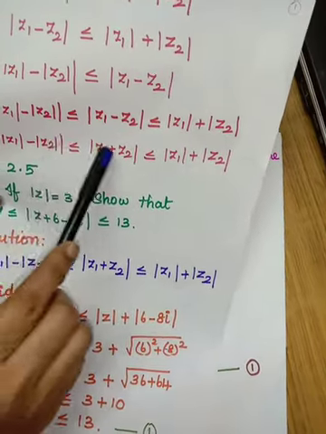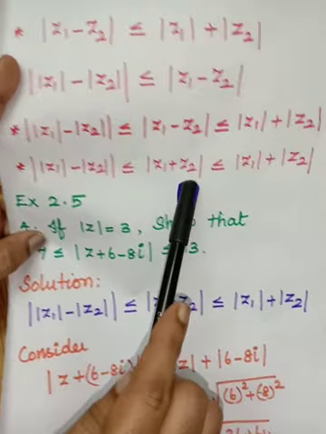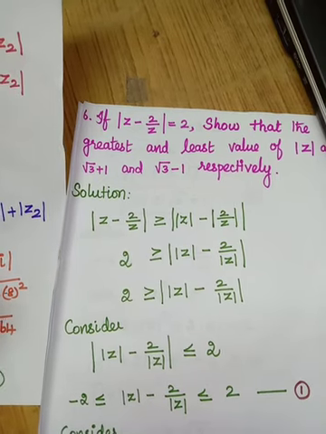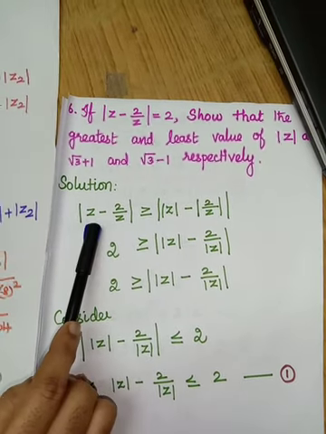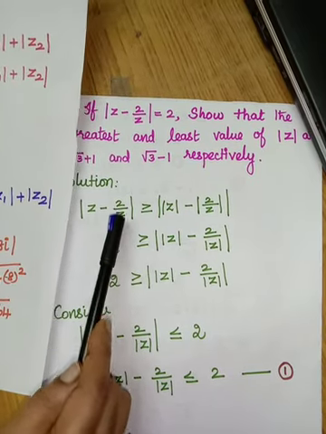So the first two terms only I am going to consider. Okay, so look at this. In the place of modulus of z1 plus z2 I have taken modulus of z minus 2 by z.